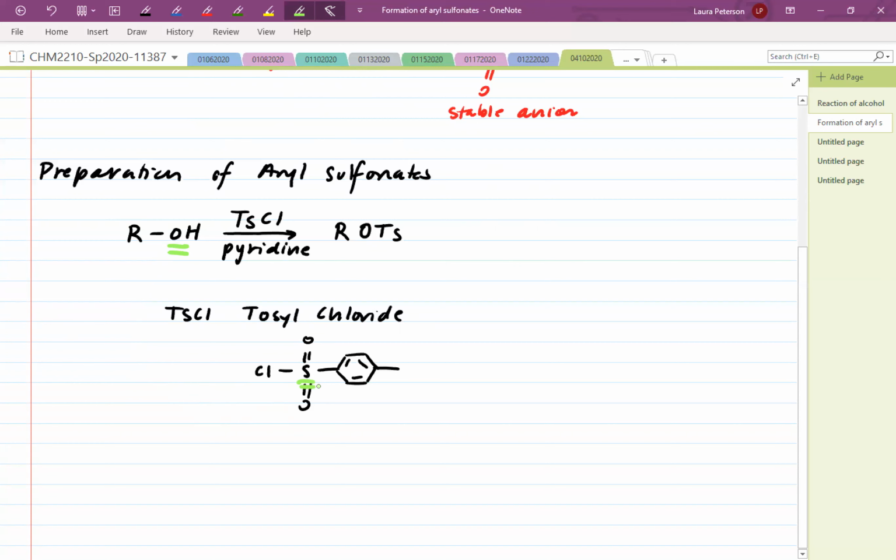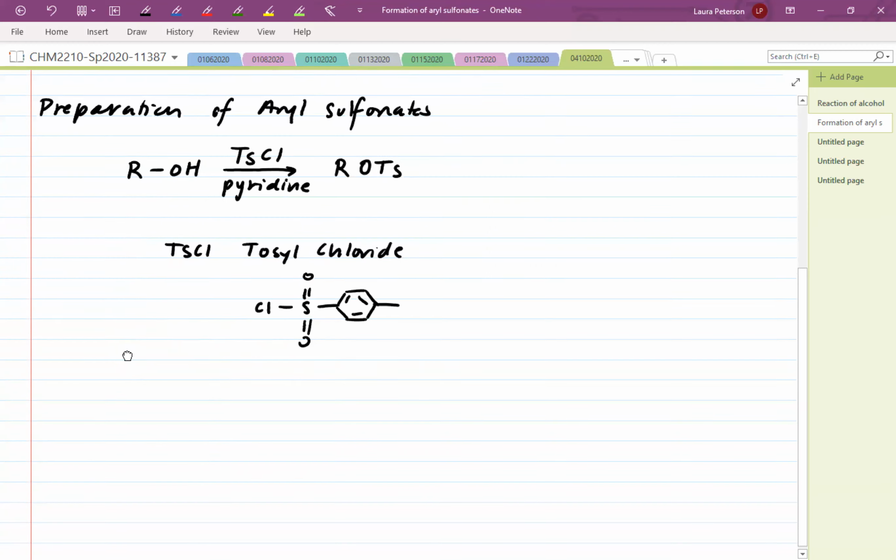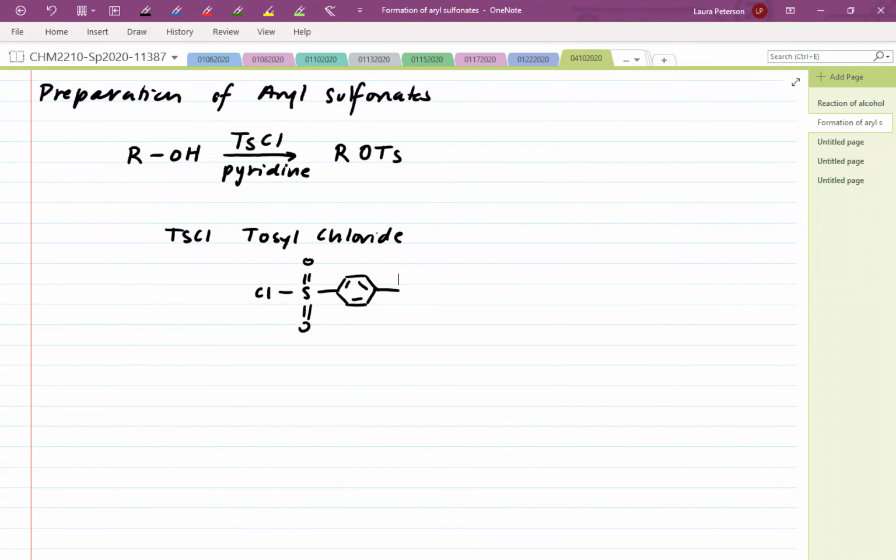Let's look at this in the context of an actual example. I'm not going to write the whole mechanism out, and I'm not going to expect you to know it, but we need to understand the stereochemical difference. So let's look at an example that contains stereochemistry, a pretty straightforward alcohol. Here we have our secondary alcohol with stereochemistry, and we're going to react that with tosyl chloride and pyridine.